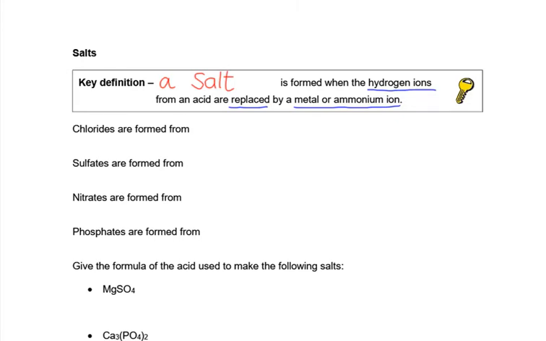So if I want to make something chloride, like sodium chloride or potassium chloride or magnesium chloride, I need to think which acid contains chloride ions. And so I'll be thinking to myself, which acid? And we can say to ourselves, well, that's hydrochloric acid, which is HCl.